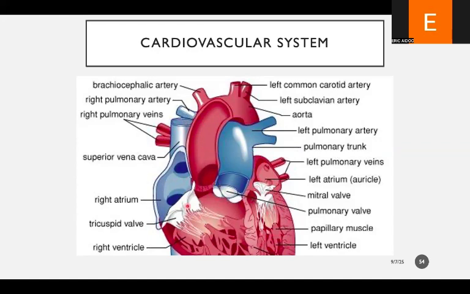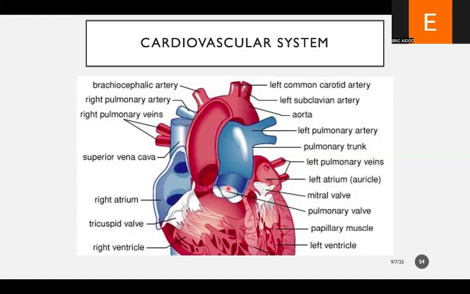But the valves between the atria and ventricles make a louder sound. So we are talking of the tricuspid valve and then the mitral or bicuspid valve. They make louder sounds than the aortic and pulmonary ones.